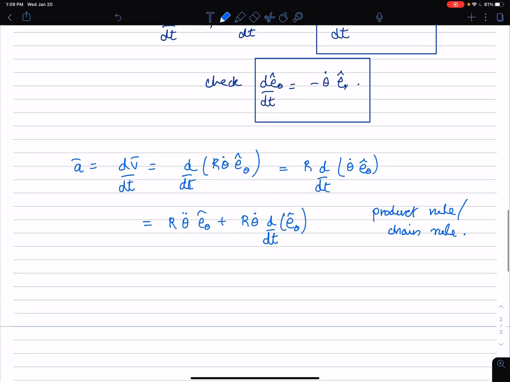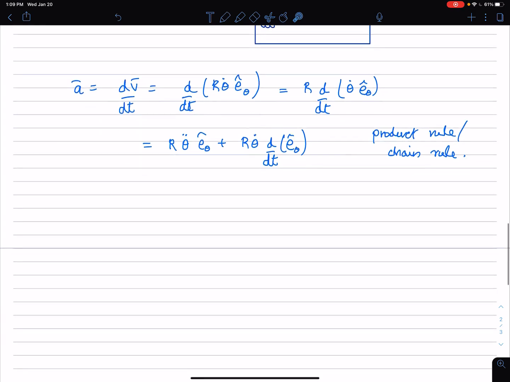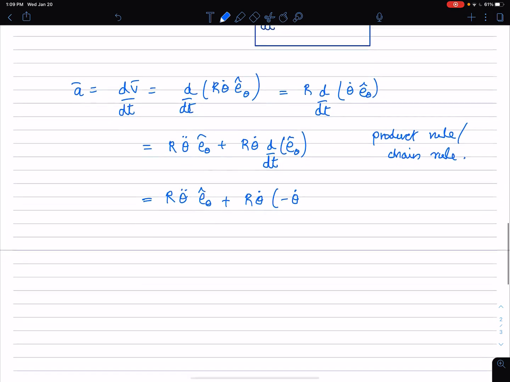Okay, so we already saw what the derivative of e theta by dt is, and that's this thing, so we can plug that in there. So it's minus theta dot er.